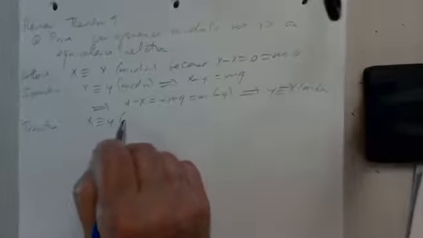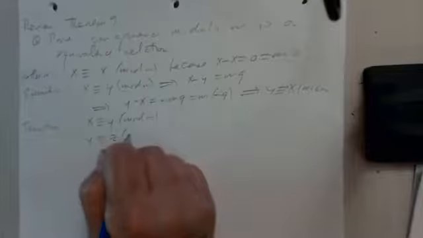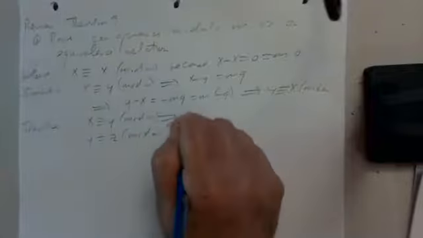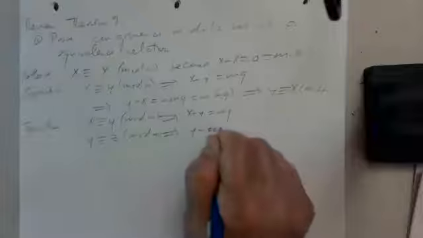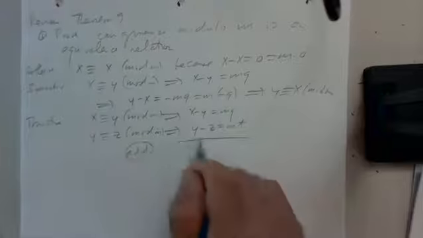How do we prove it's transitive? Well, if x is congruent to y mod M and y is congruent to z mod M, this means that x minus y is a multiple of M. This means that y minus z is some other multiple of M. Suppose we add the equations.